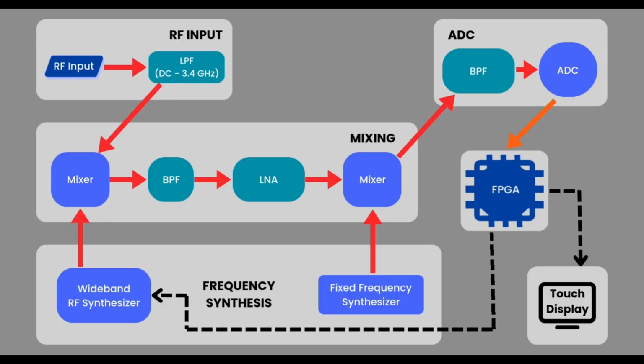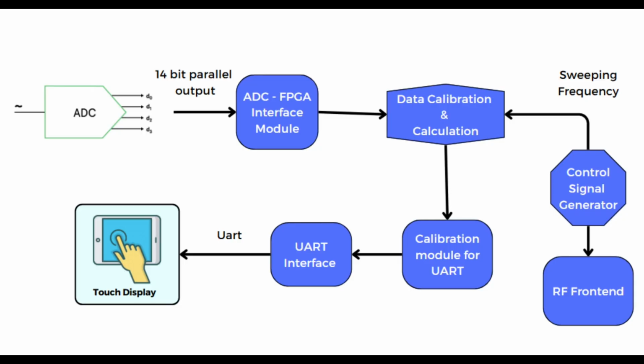After digitization, the FPGA calibrates the incoming 14-bit ADC data to scale and reduce noise by computing the squared sum of 4000 samples. This helps extract stable amplitude values for each frequency point.